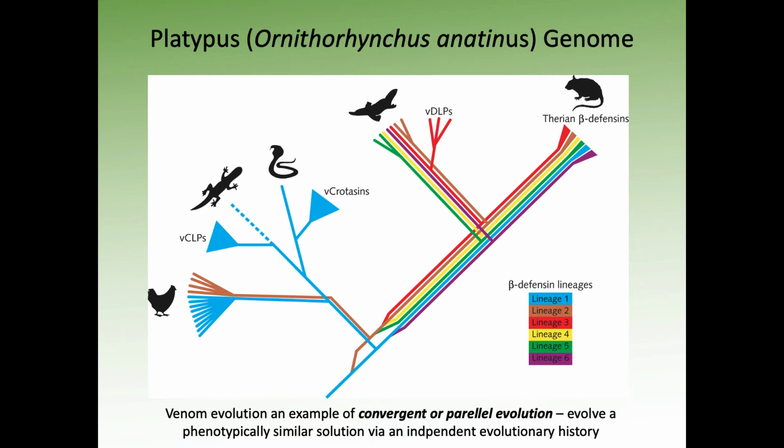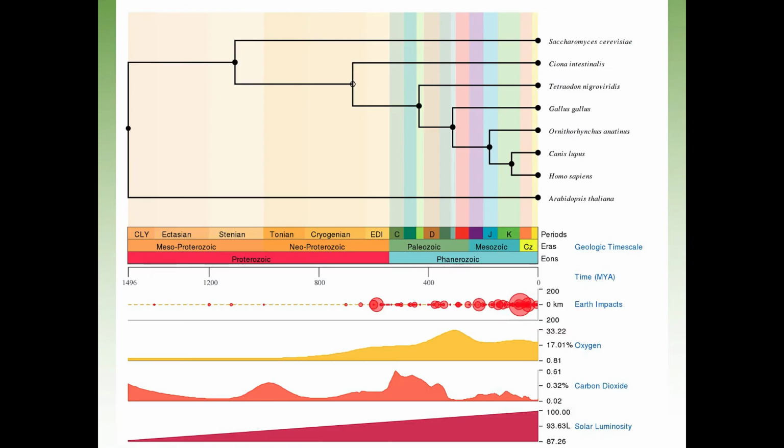And we can see that the venoms that have evolved in platypuses are of a completely different lineage than the ones in reptiles. So very interesting system. These venom proteins look to be relatively phenotypically similar, doing the same thing, but have a completely independent evolutionary history. So it's a really interesting organism to compare for a lot of different biological questions.